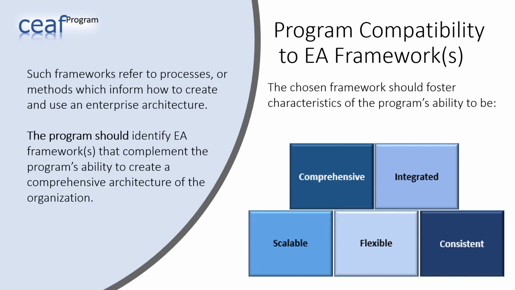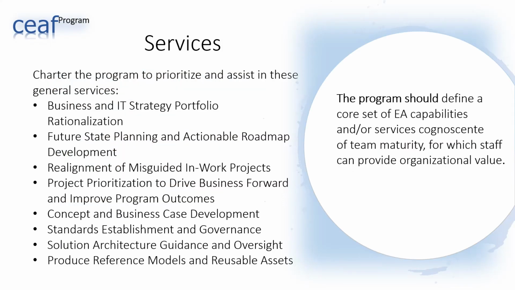A core set of EA services should be described in the EA program charter. This list should reflect the team's maturity to ensure the program can offer the most value possible. Revisions to the charter are appropriate as the team matures.